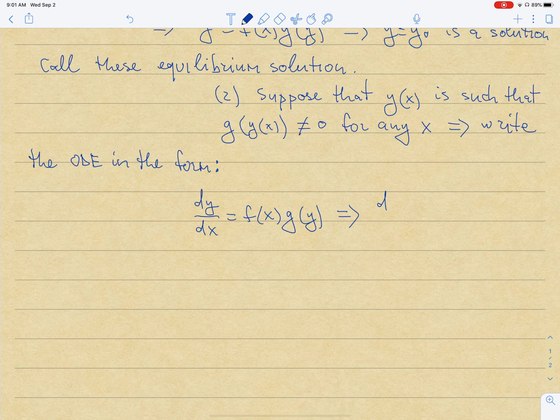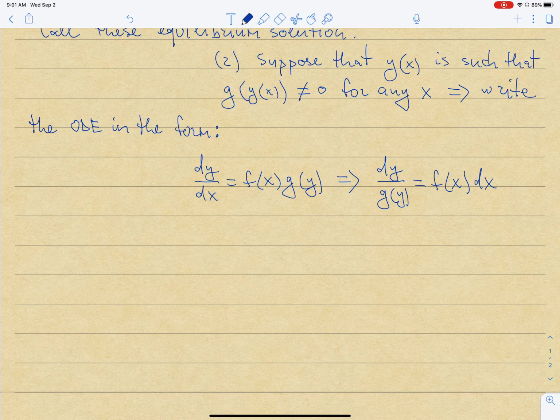So I can rewrite this as dy over g of y equal to f of x times dx. Okay, so what I have done is separated variables in my equation in such a way that the left-hand side only depends on y, and the right-hand side only depends on x.